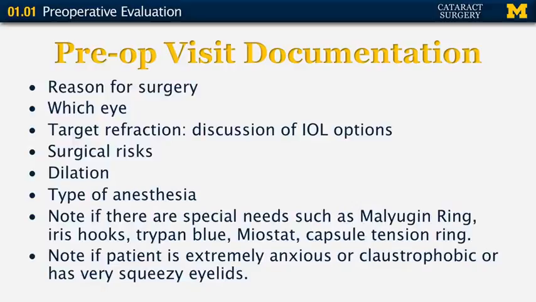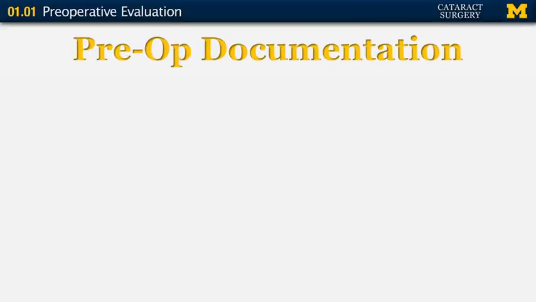We have to note if there are any special needs for that patient, such as a Malyugin ring, iris hooks, trypan blue, Miostat, capsular tension ring. And we would like to note ahead if the patient is extremely anxious or claustrophobic and draping the patient would be difficult, or if they have very squeezy eyelids. All of this information is important to have handy when you're going into the operating room.